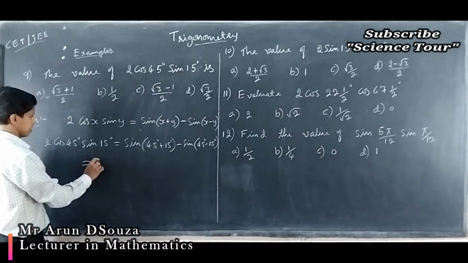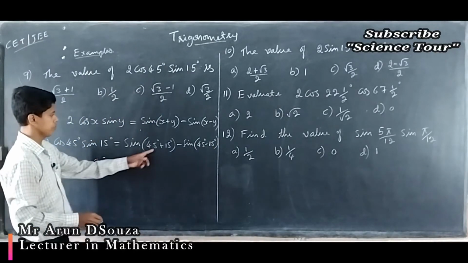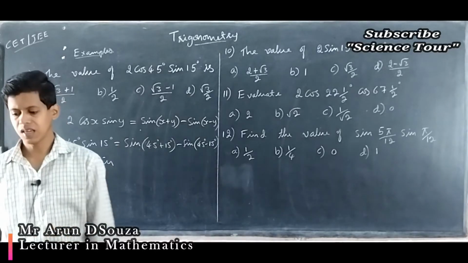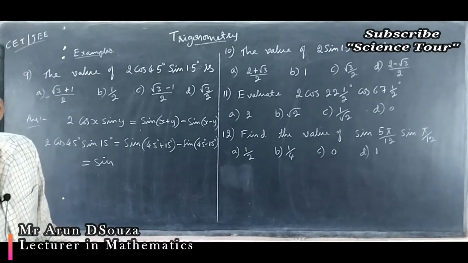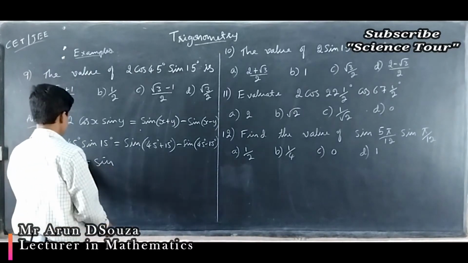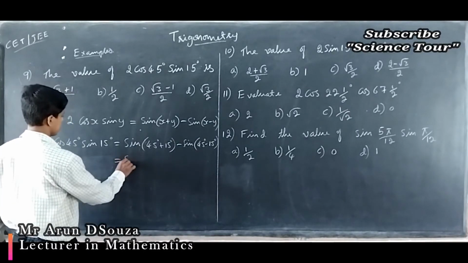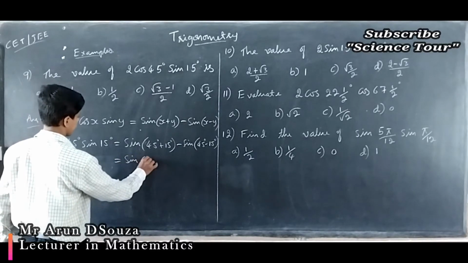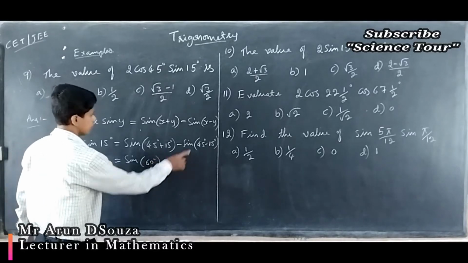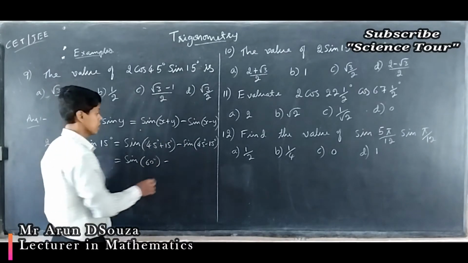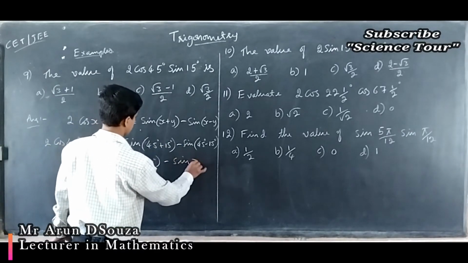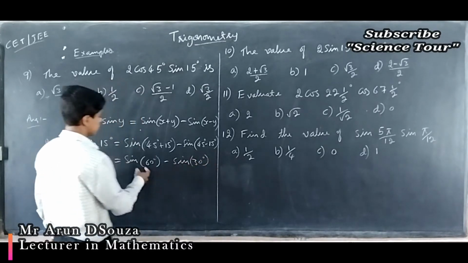So that is sin, what is 45 plus 15? You have 60, and then 45 minus 15 is 30 degrees. So now just substitute the values.